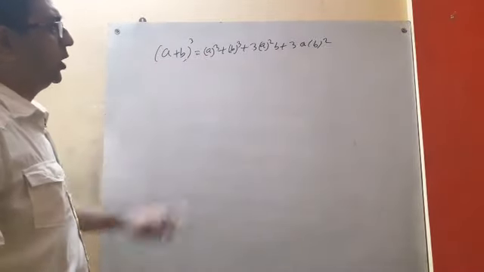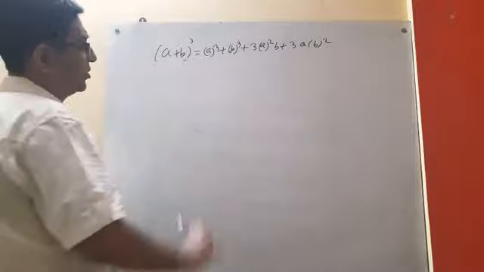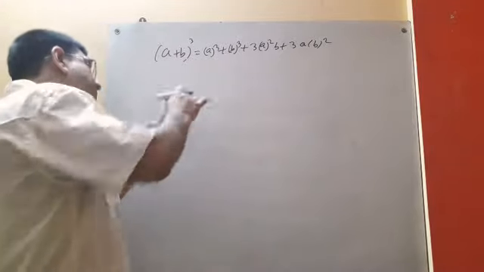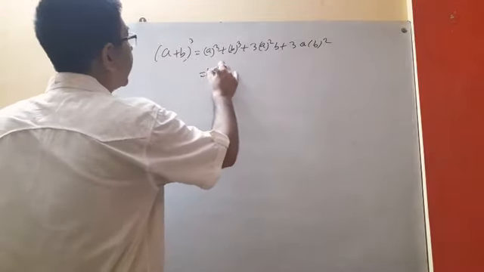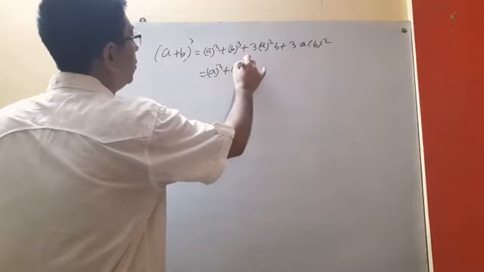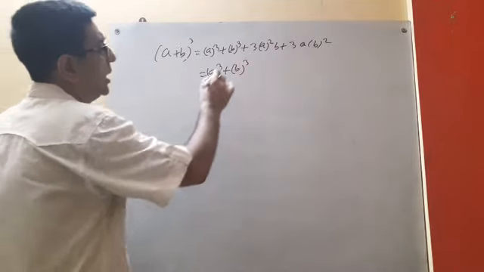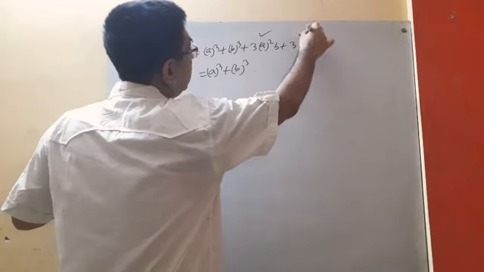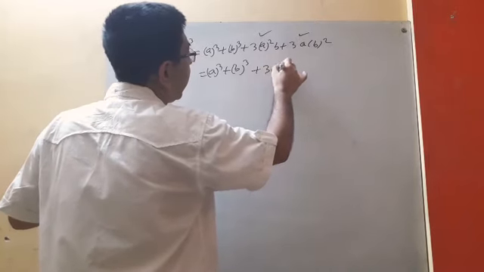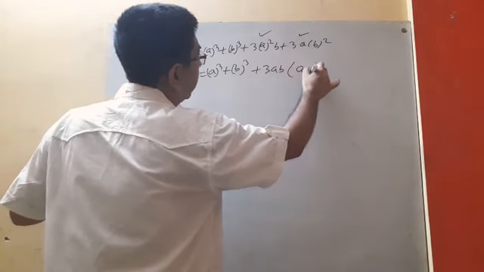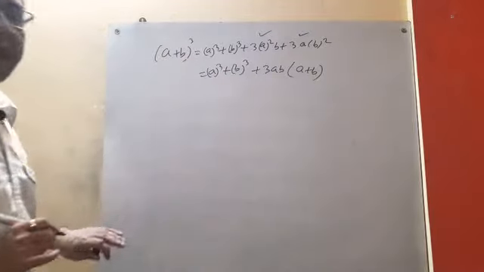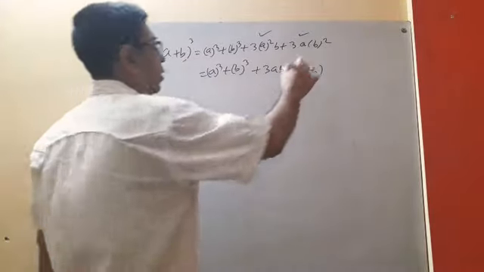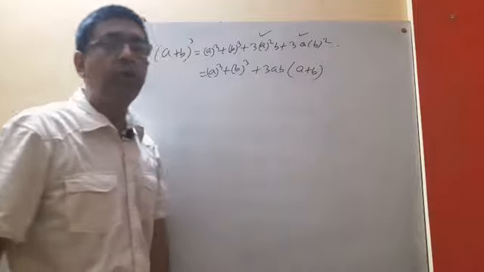So this is the formula of a plus b whole cube. It can also be written as a cube plus b cube plus 3ab, taking 3ab common from these, we get a plus b. You can use these two formulas. These are all used for evaluations.